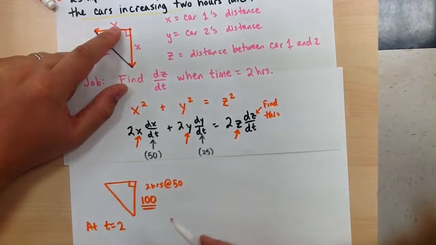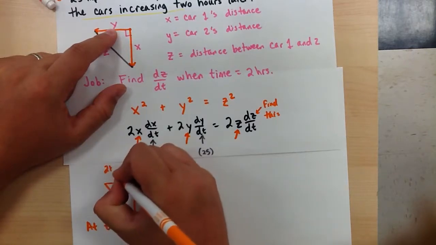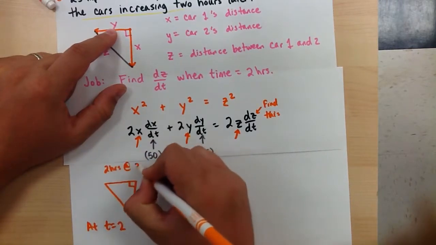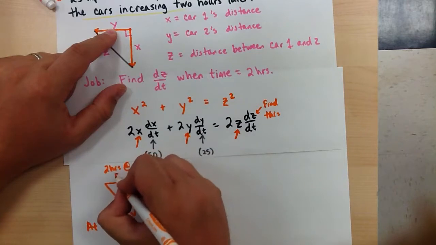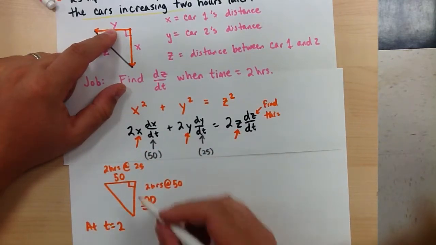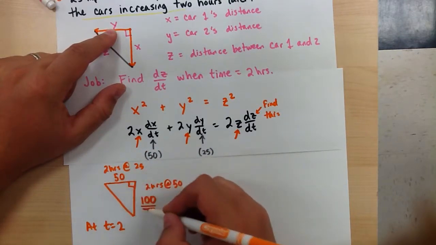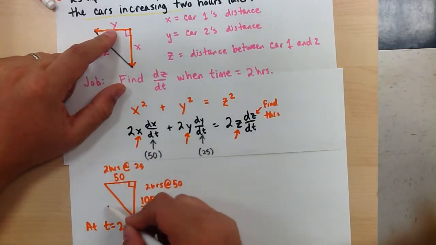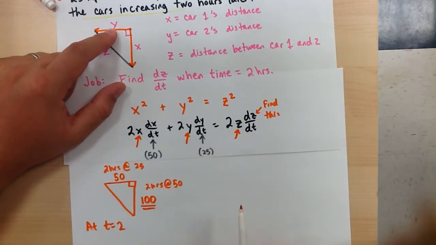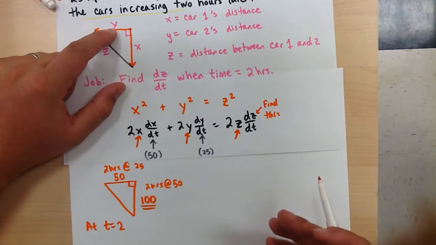Likewise, we know that car y has traveled 2 hours at 25 miles per hour, which means it's traveled, at the moment we're interested in, 50 miles.